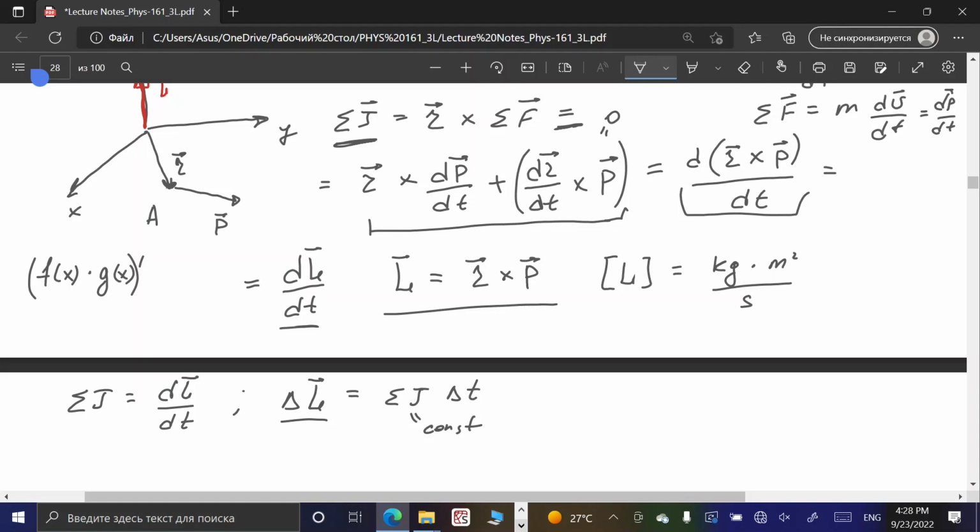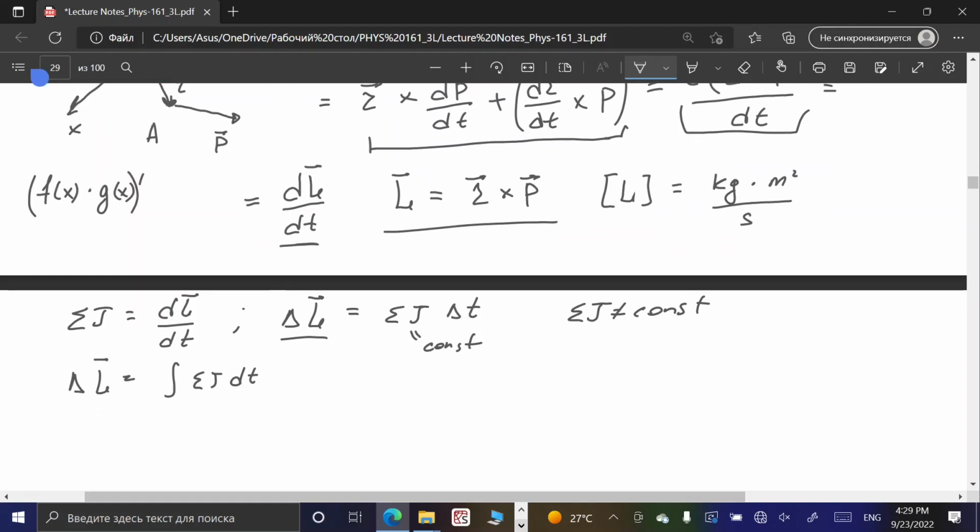So this is a very similar approach, we just operate with different parameters. And if net torque is not constant, obviously change of angular momentum vector should be defined as the integral of this time-dependent torque over time.